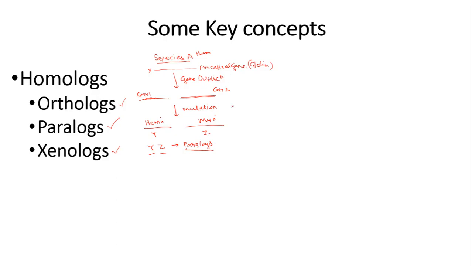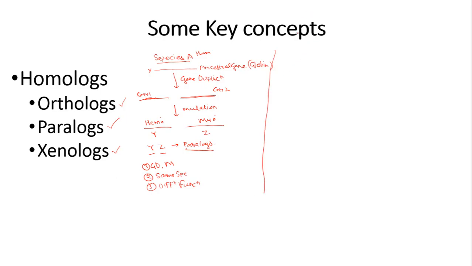This was all about paralogs, and the key concept here is that paralogs arise due to genetic events like gene duplication and mutation. Paralogs are two proteins present in the same species that perform different functions in the same species.